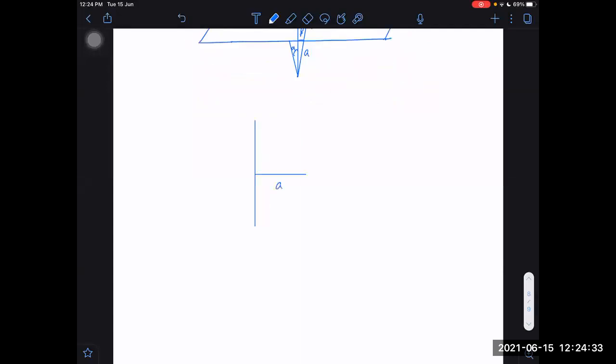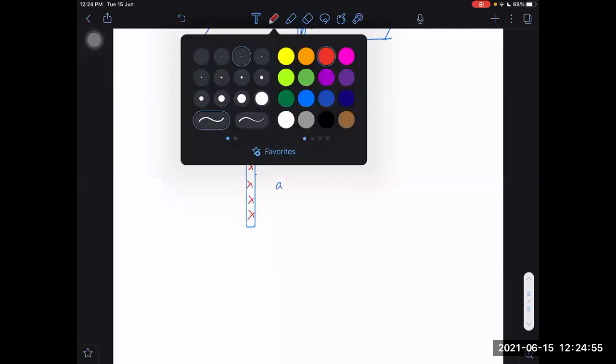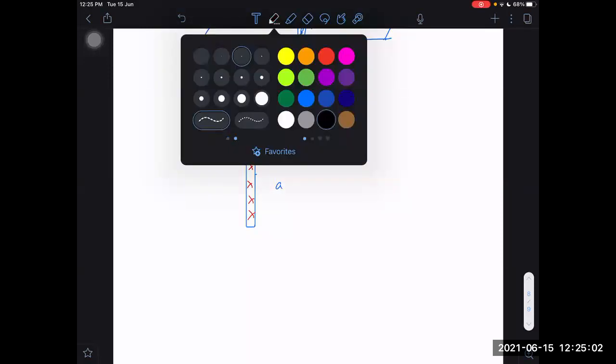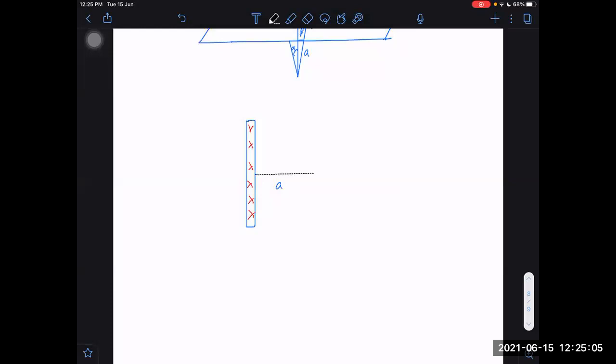If I look at a side view, it will be something like this. This is a thin sheet, and in the thin sheet, current is going away from us. This is the direction of current. Now I am taking a point at some distance a away, which is the field point where I want to find the field.